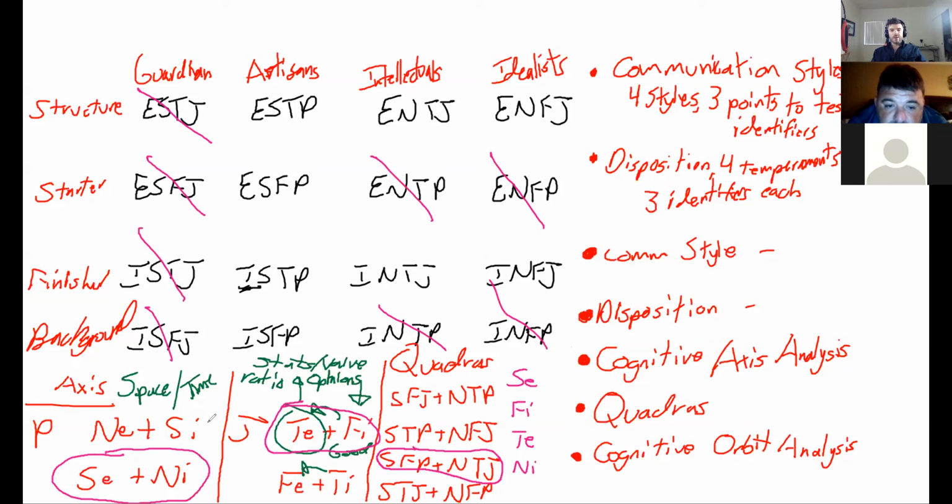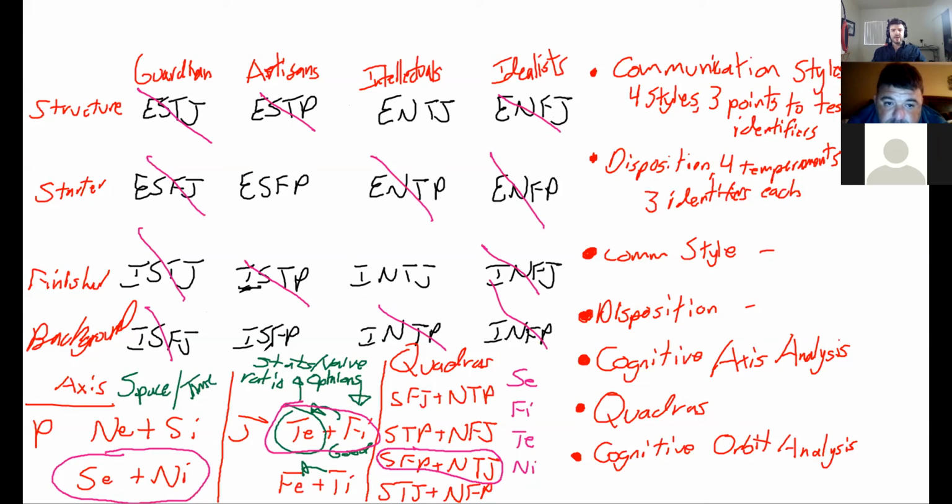And let's say you identify the TeFi axis. Then let's get rid of all the TiFe users, which they are not, from the type grid. They can't be that, they can't be that, and they can't be that. Which means they can only be SFPs.